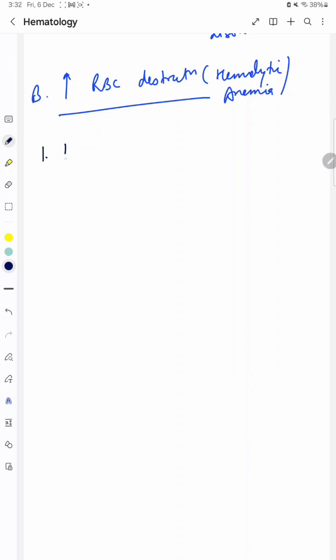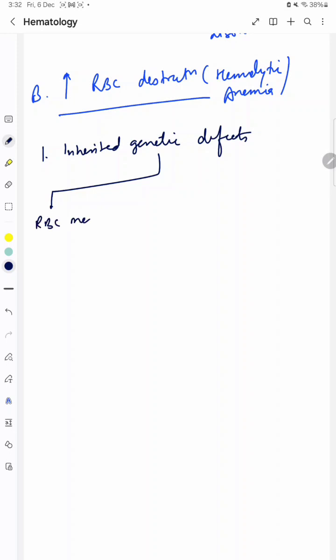So inherited genetic defects in RBC membrane or in enzyme, or enzyme deficiencies.